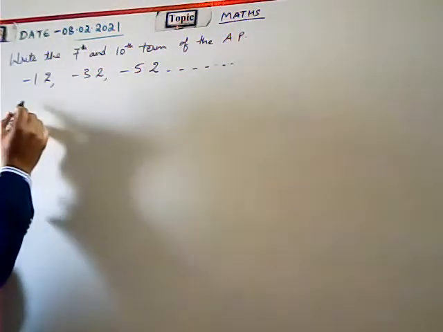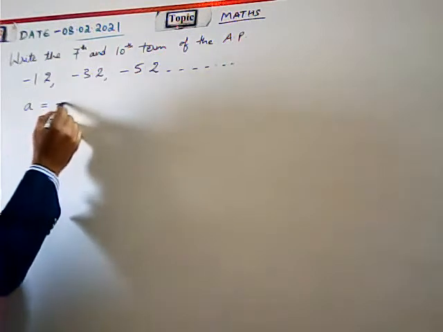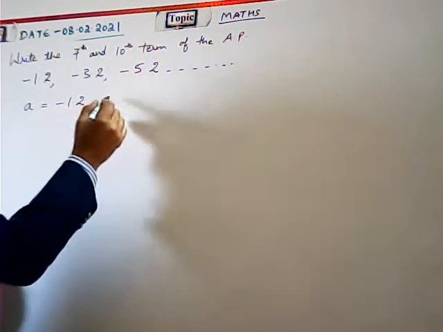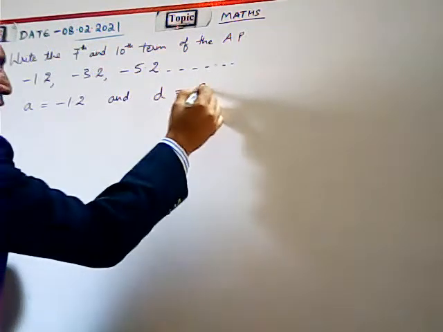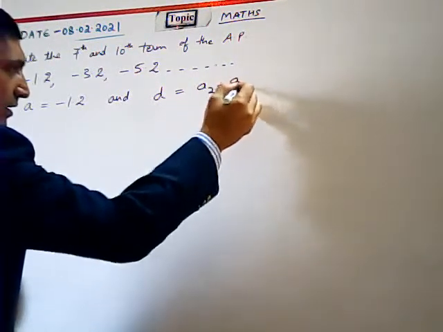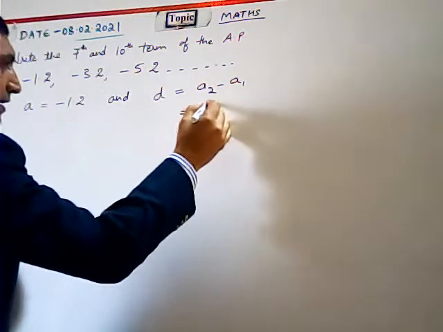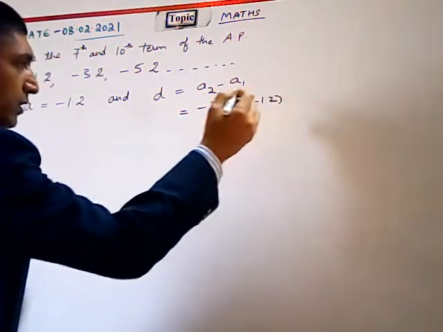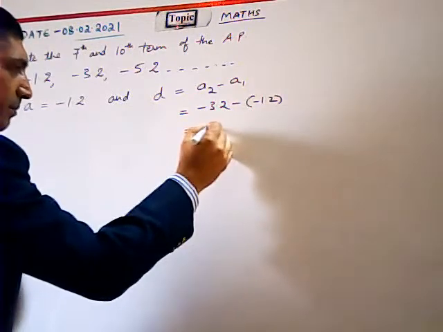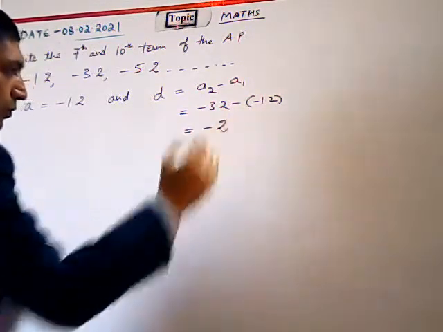Seventh term, here what is A? A is minus 1.2. And what is the common difference? Common difference D is equal to A2 minus A1, that is minus 3.2 minus of minus 1.2. So here the common difference is minus 2, right?